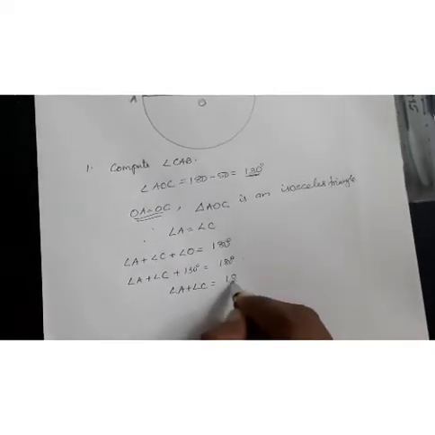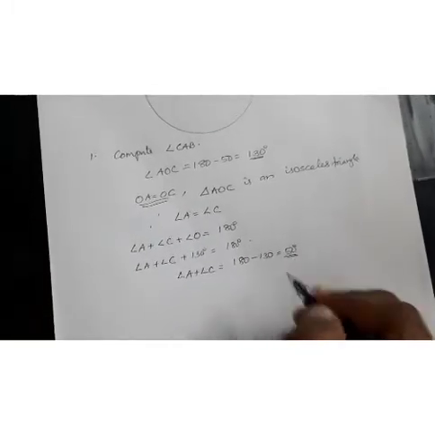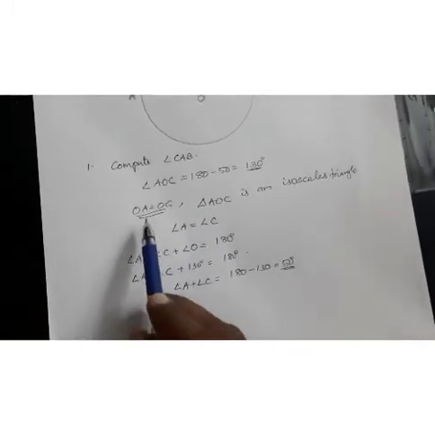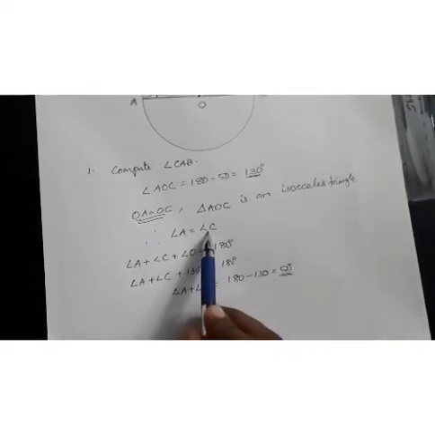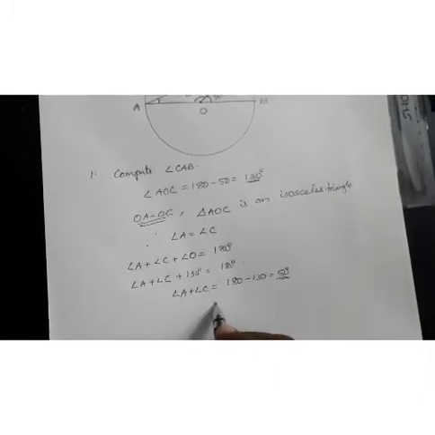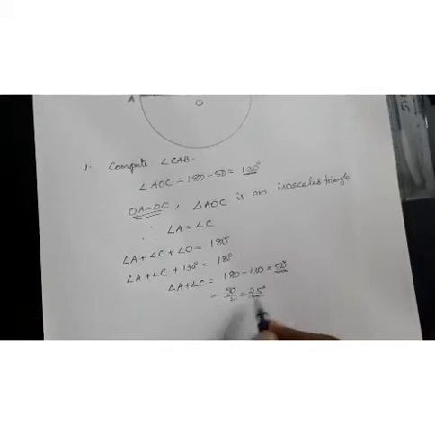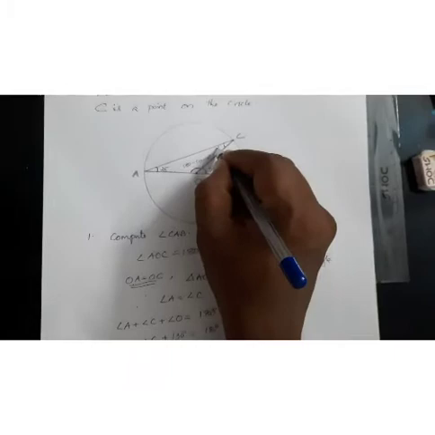So angle A plus angle C is equal to 180 minus 130, that is 50 degree. And it is already given that OA is same as OC, and angle A and angle C are equal. So both are equal. We can write it as 50 by 2. Each angle is 25. So angle A is 25 and angle C is also 25.